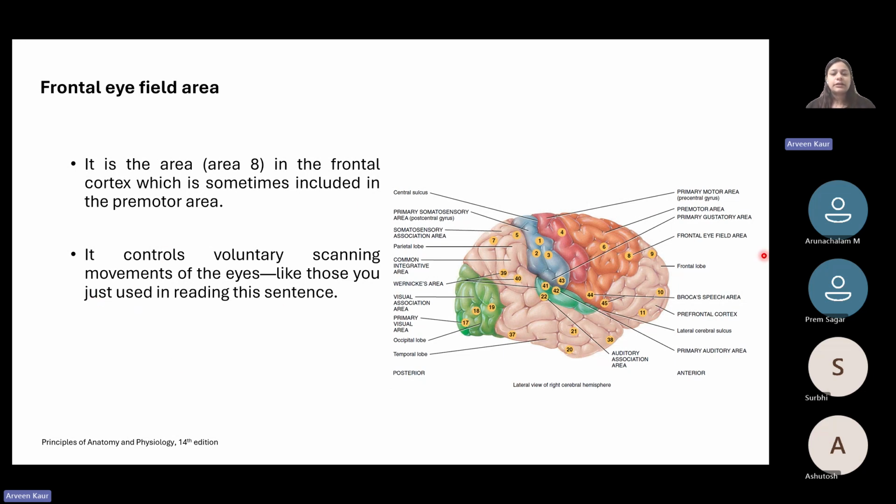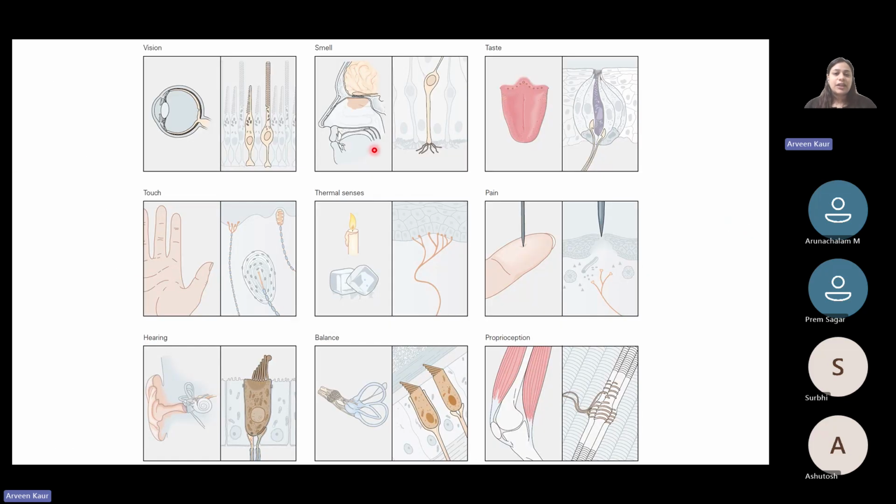That is basically governed by this frontal eye field area. So this is a representation of various modalities of vision, of various kinds of perceptions also. So vision, for instance, is governed by these kinds of cells. Smell is governed by this kind of receptor, right?